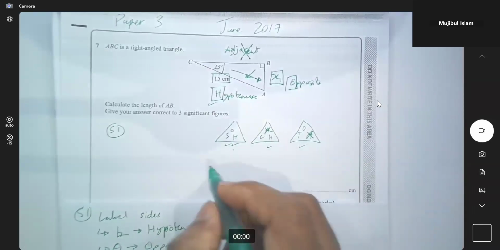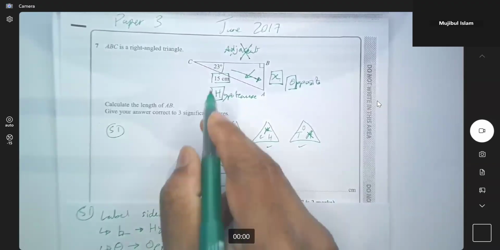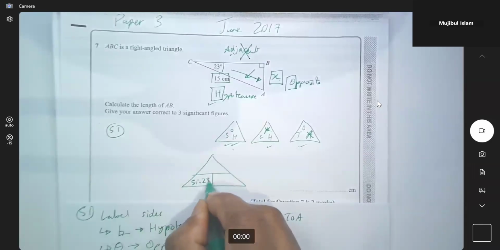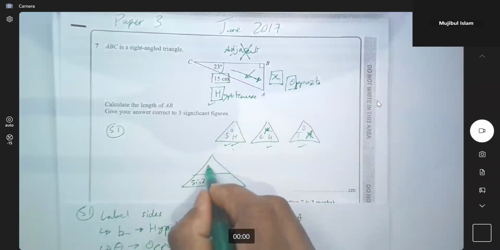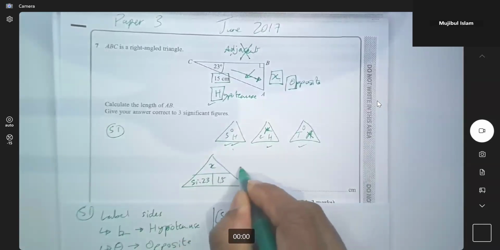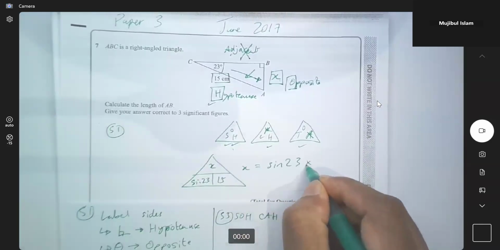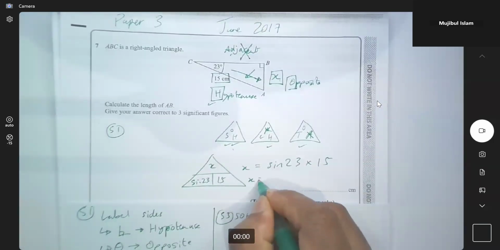So I'm using sine. Sine 23 equals opposite, which is x, over my hypotenuse, which is 15. So x equals sine 23 times 15.